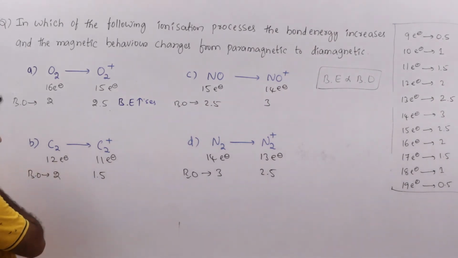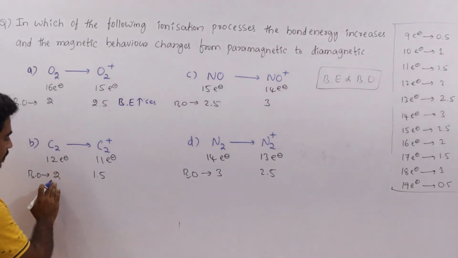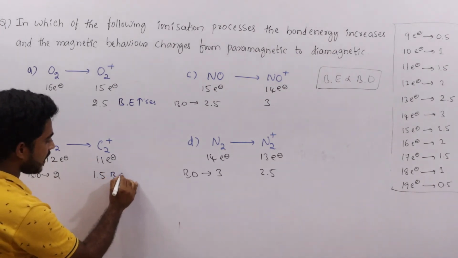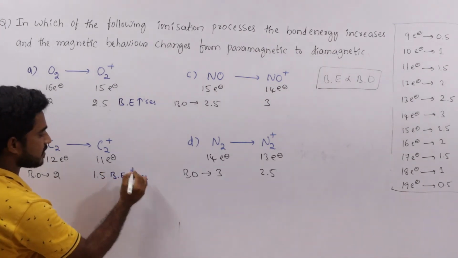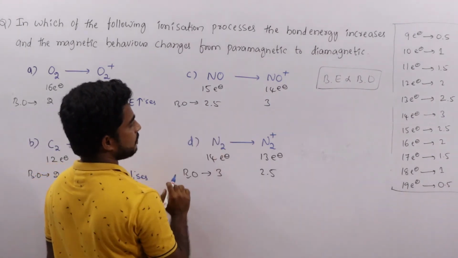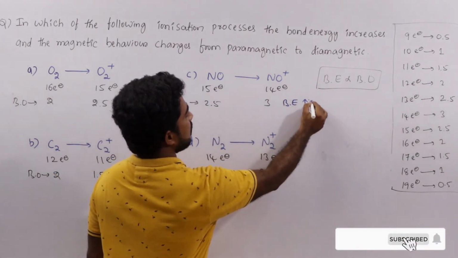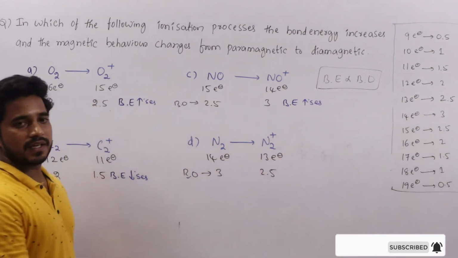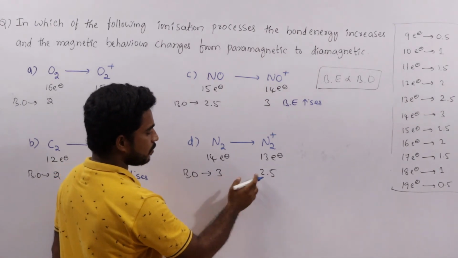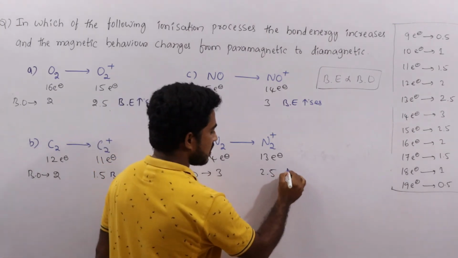In C2 to C2 plus, bond order decreased from 2 to 1.5, so bond energy also decreases. In NO to NO plus, 2.5 to 3, bond order increased, so bond energy also increases. In N2 to N2 plus, bond order changes from 3 to 2.5, so bond energy also decreases.